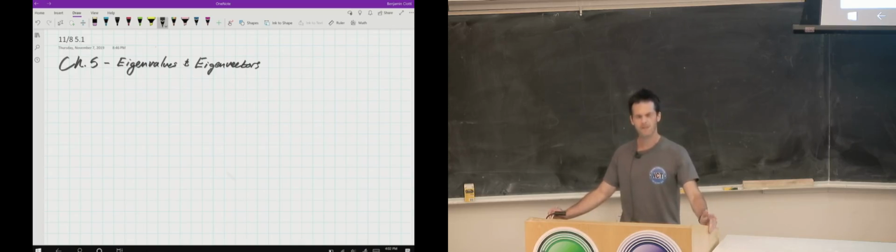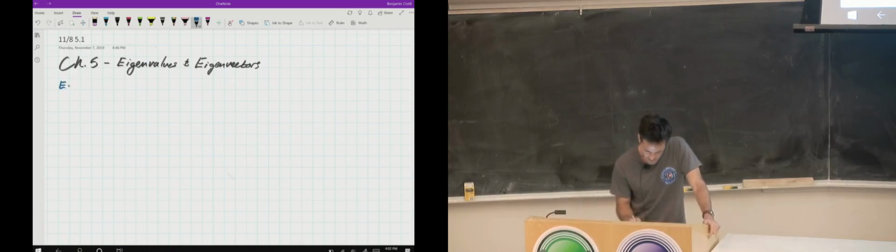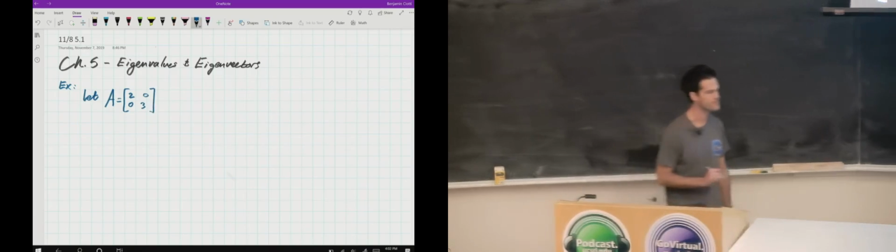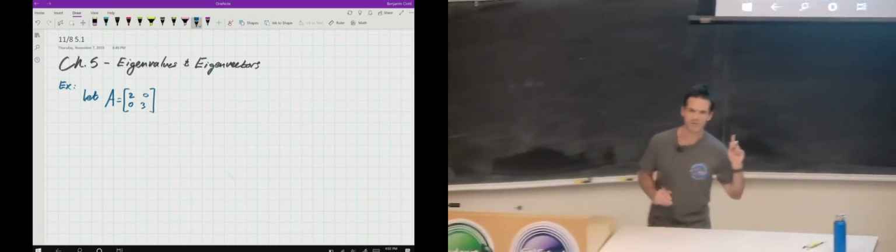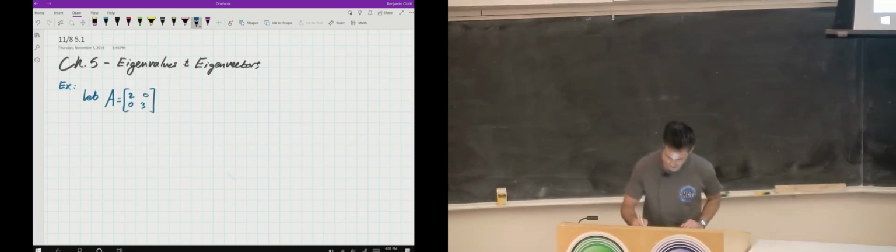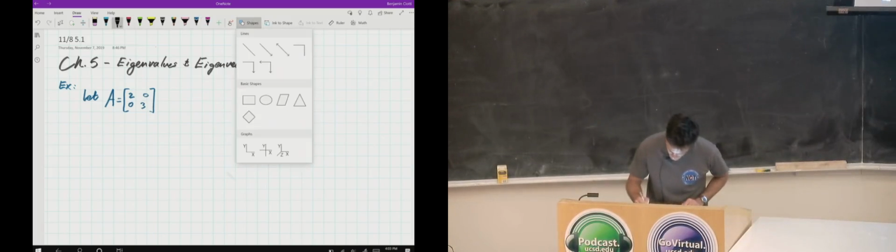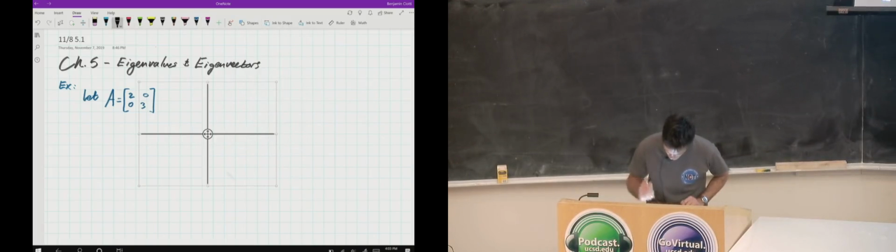Okay, so let's start off with an example. Let A be the matrix [2, 0; 0, 3]. I think I've actually used this matrix as an example before, but just to show you what it does.